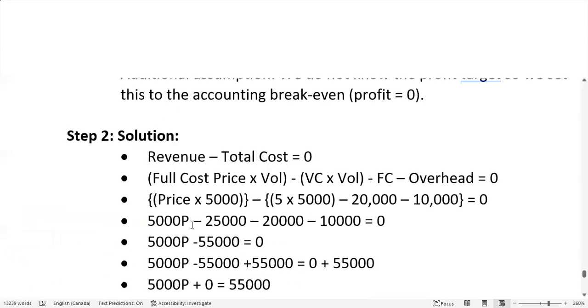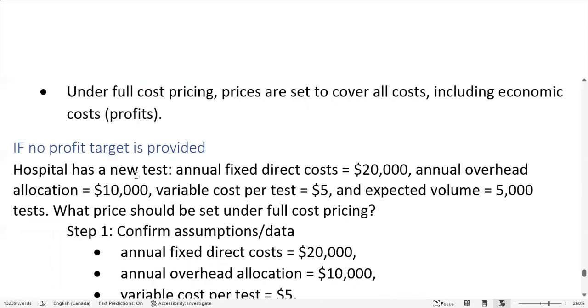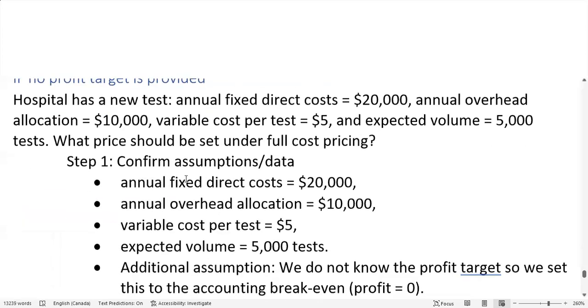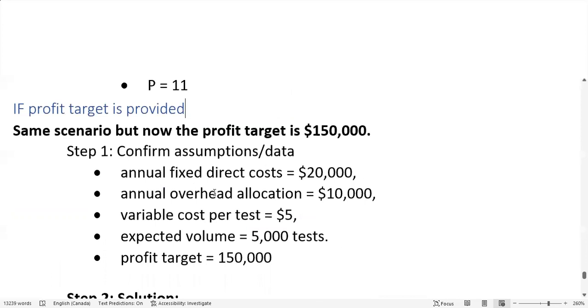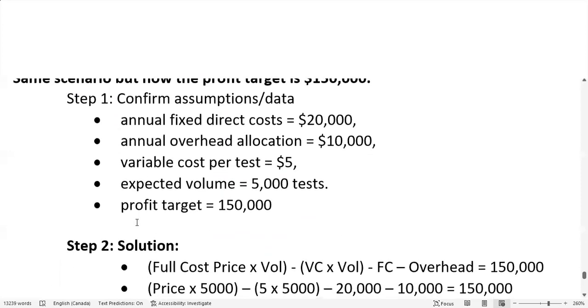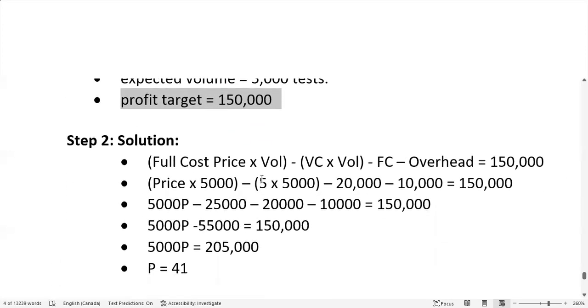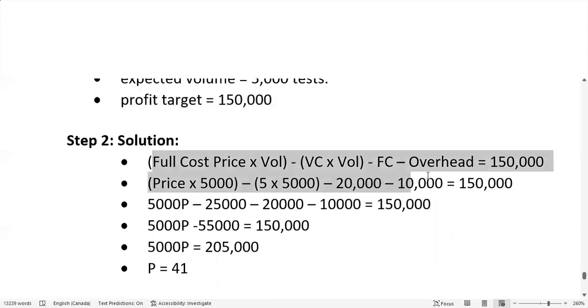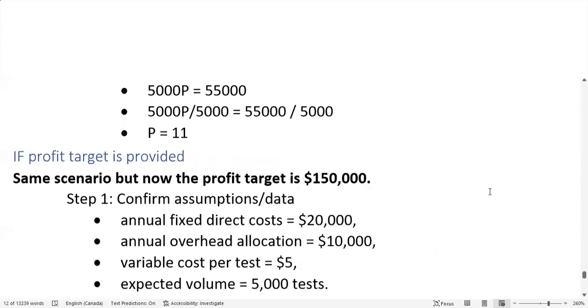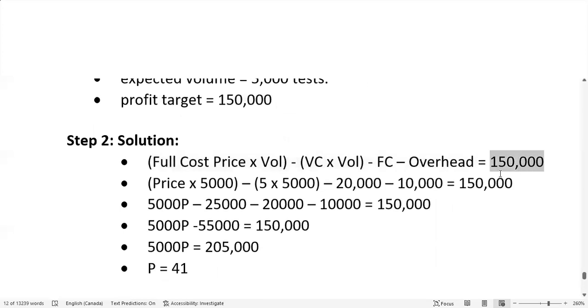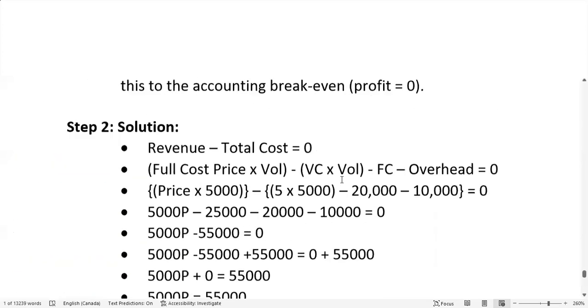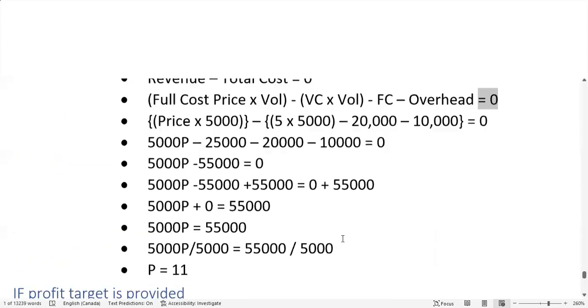Now, this example is if you don't know the profit target. What if you know the profit target? The exact same scenario, but this time we know the profit target of 150,000. In this case, we use the exact same formula and the exact same approach, except that we replace 0 with 150,000. In the earlier example, we were using 0.